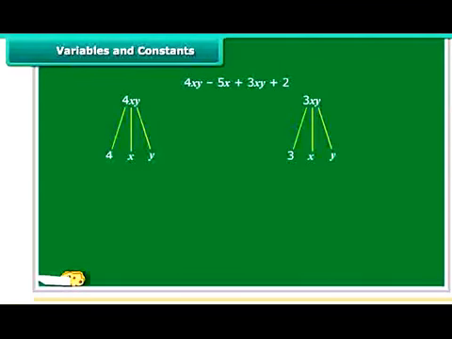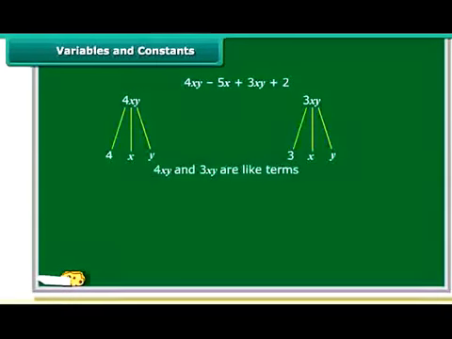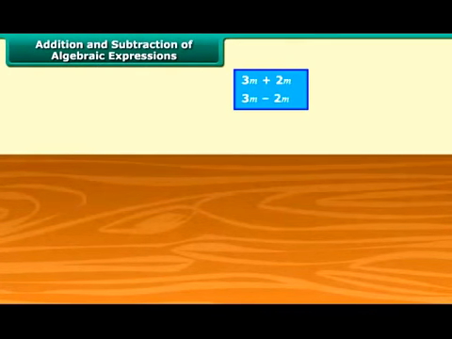So both the terms have the same algebraic factors, which means 4xy and 3xy are like terms. On the other hand, the terms 4xy and minus 5x have different algebraic factors. So, we can only add or subtract like terms.